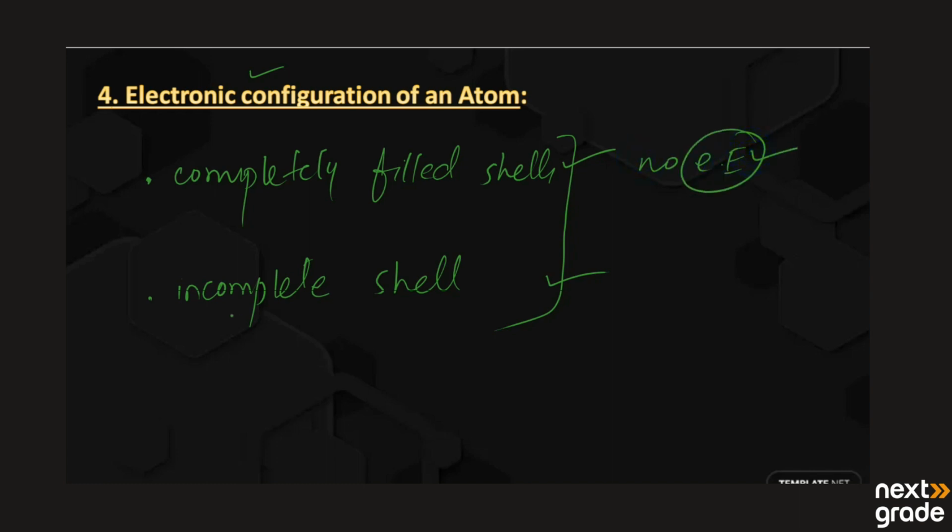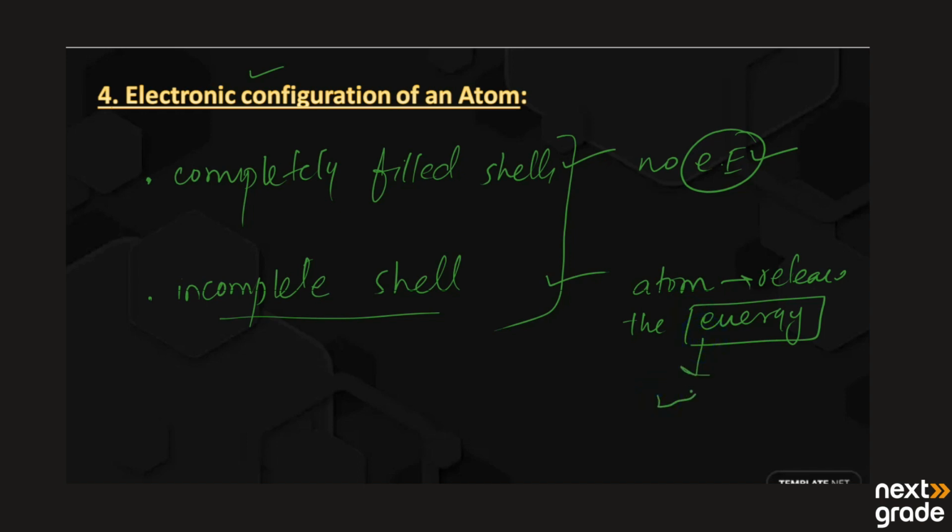When there is an incomplete subshell, the atom will release energy. That energy is the electron affinity. This is the effect of electronic configuration on the electron affinity.